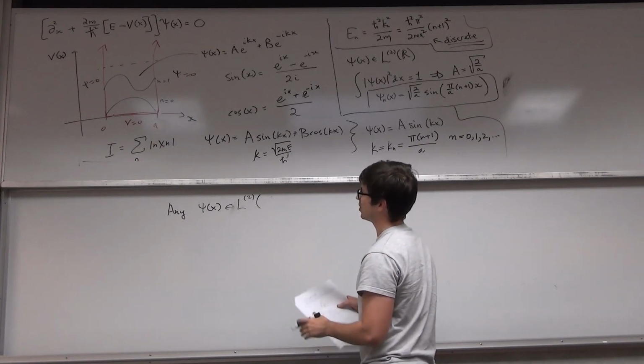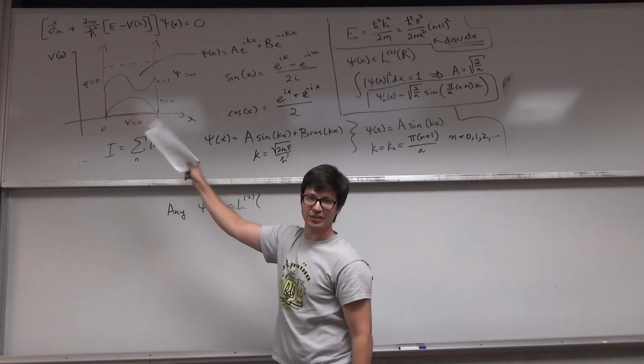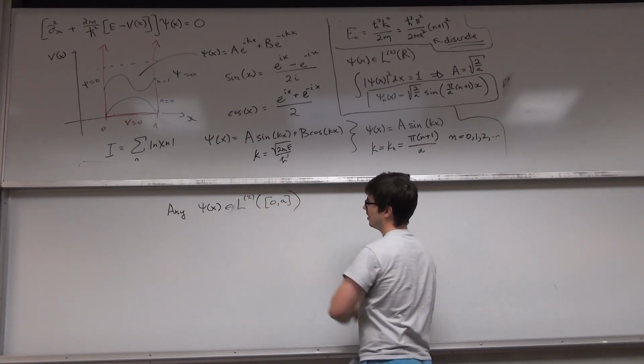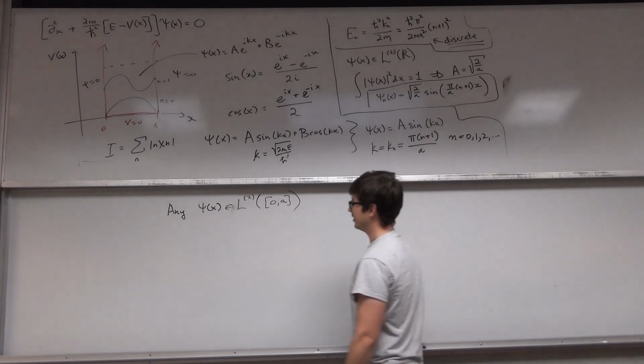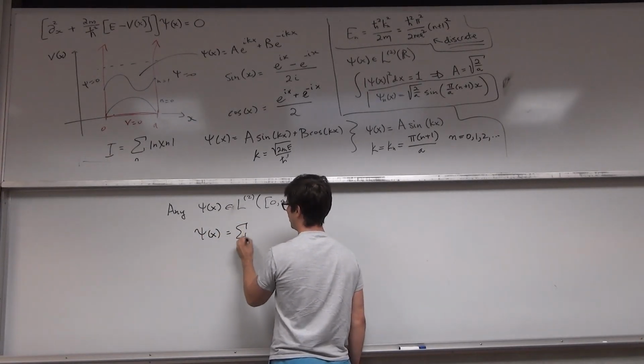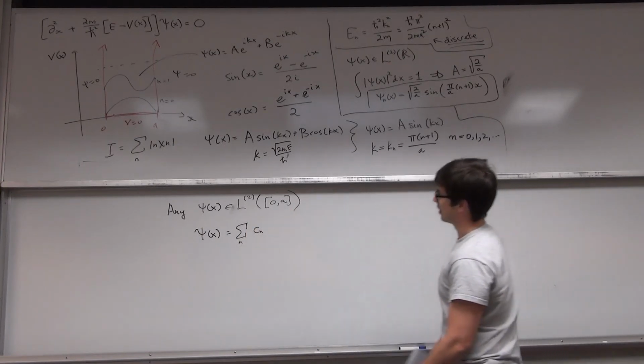And it's a special L2 space because we're forcing all the functions to vanish outside that interval, so it's really this space. Any function in there you can write as a sum over some complex coefficients of these wave functions.